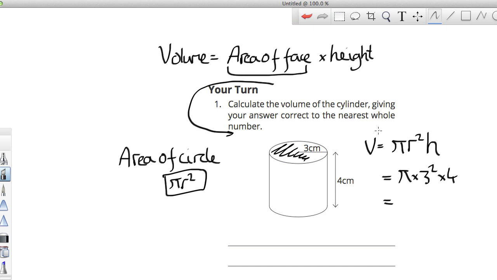So we'll just put this in the calculator. And the answer is 113.1. I'm just going to round it to 1 decimal place, and that is cubic centimetres. And that's how you do these type of questions.